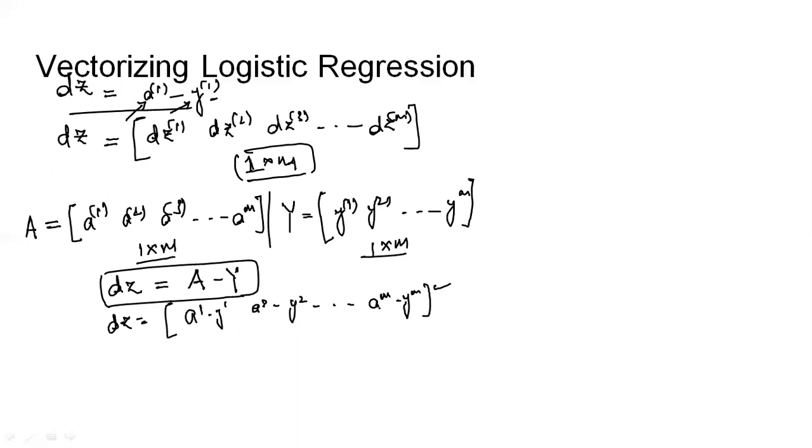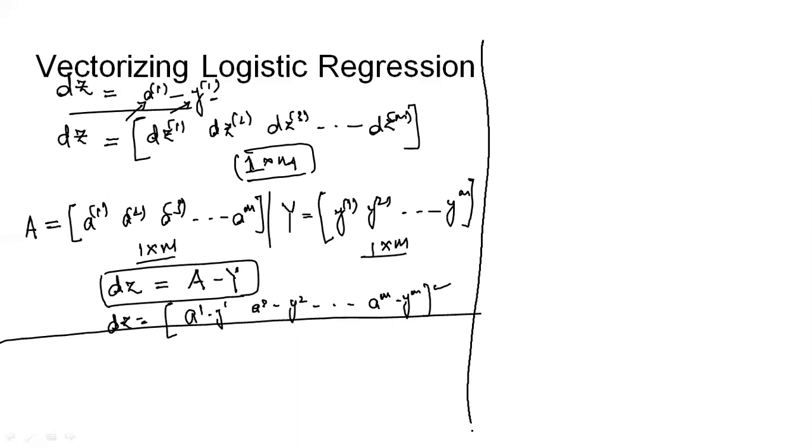Now, we encountered several for loops while writing the logistic regression equation. Let me draw some sections here. When we were solving the non-vectorized version of logistic regression, suppose we have m training examples. We initially initialized dw equal to 0, and further what we have done is dw plus equal to x1 dz1.